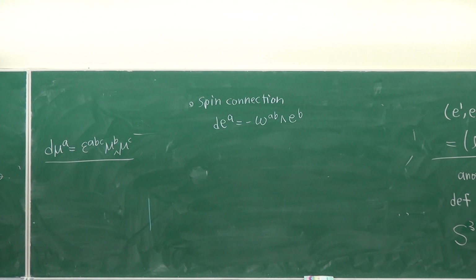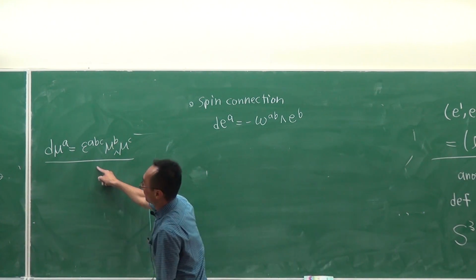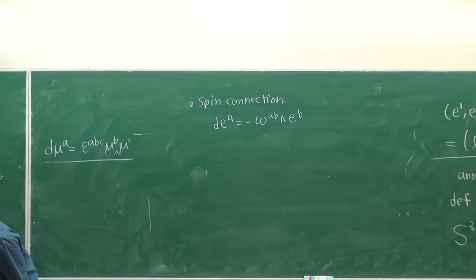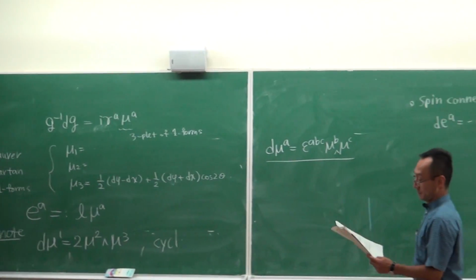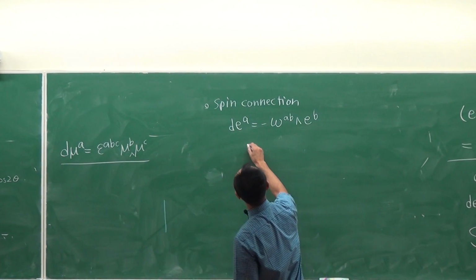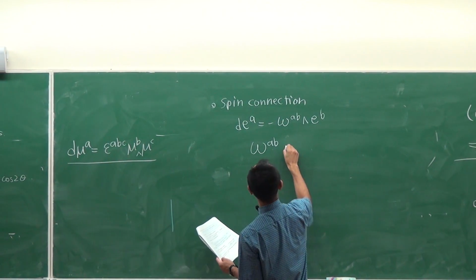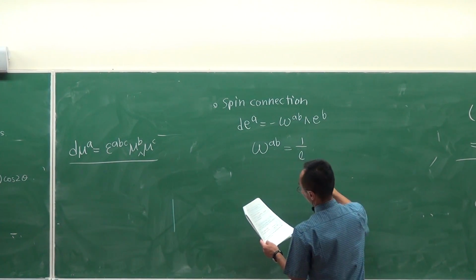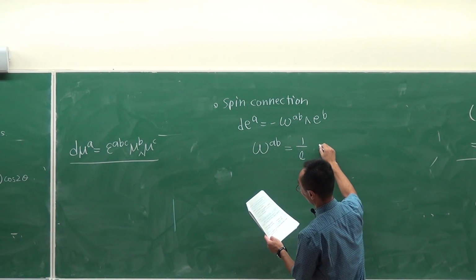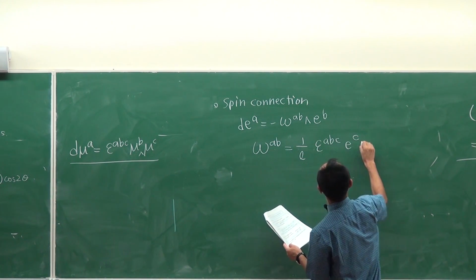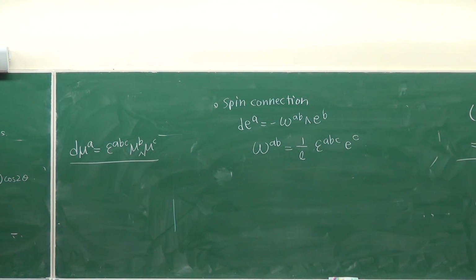If you compare this equation and this equation, where u^A is related to e^A of this equation, then what you find is that the spin connection is just given by this.